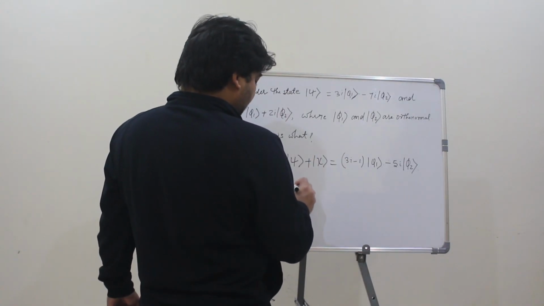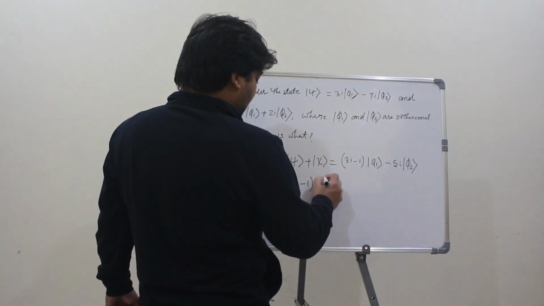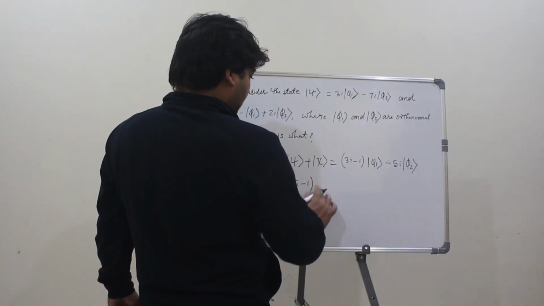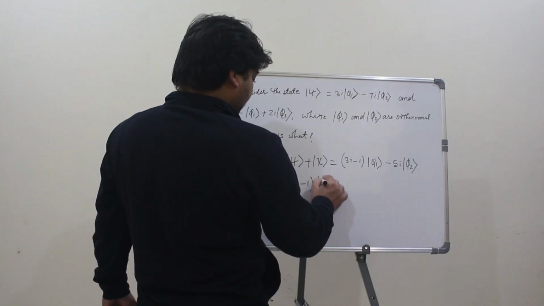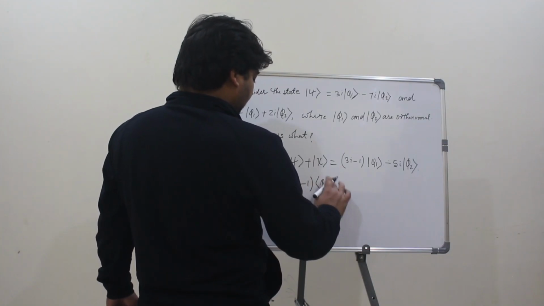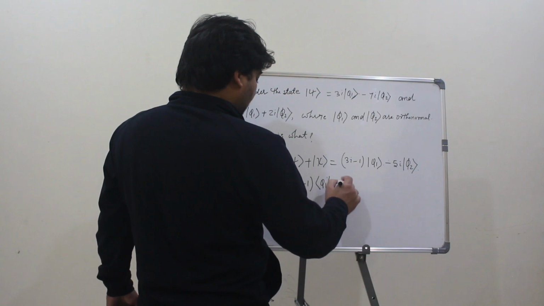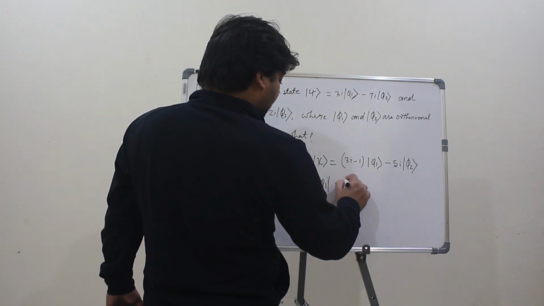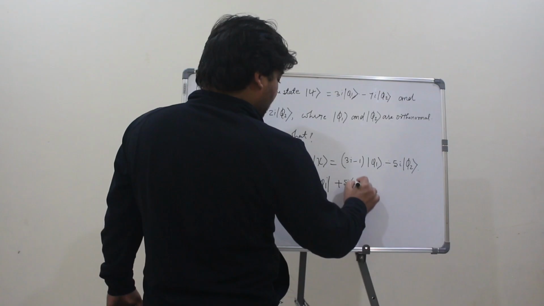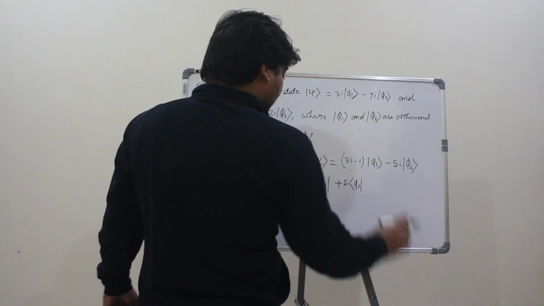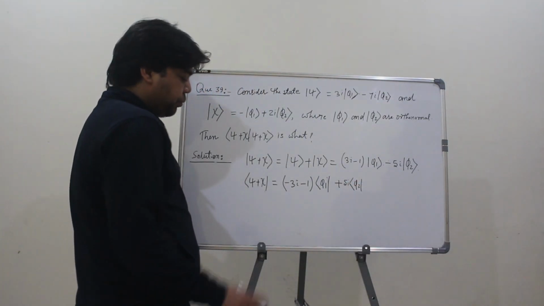So this gives you minus 3i minus 1 phi 1, right, and plus 5 phi 2, right?